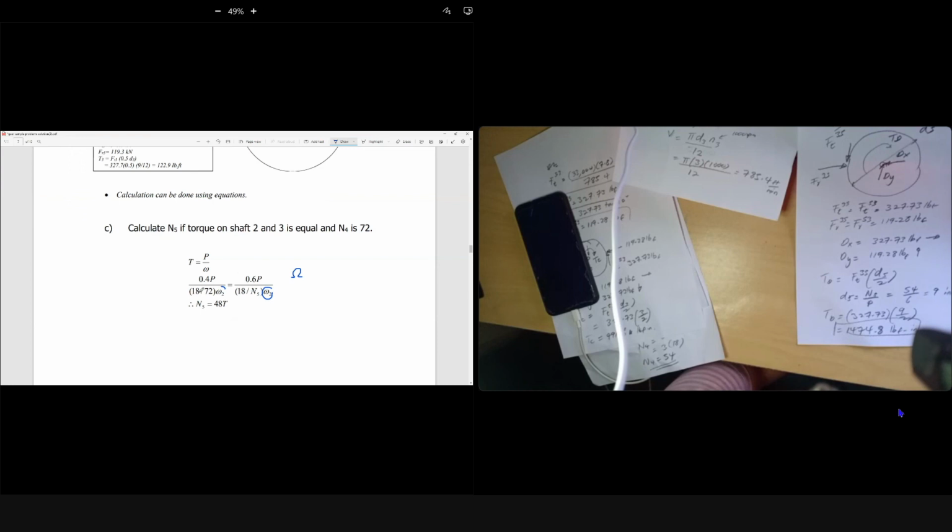Yeah, I asked why 18 over 72 times this W2. This one also times W2. Remember, this is your output speed. Your drive is N2 on your left, N2 over N4, right? So your N first is N2.